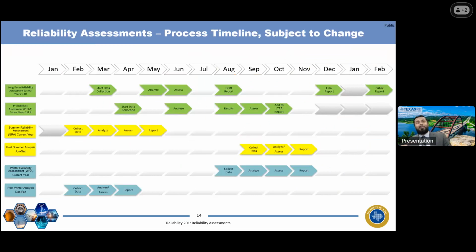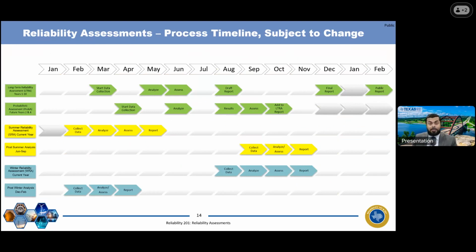Now, here's an example process timeline for each of the assessments, which we have discussed so far. Note that these timelines could change as NERC and the regions find necessary. The long-term reliability assessments take longer to complete than the seasonal assessments. That is because the data and analysis that feed into the long-term reliability assessments focus on multiple years, and there are longer review periods for the process steps.